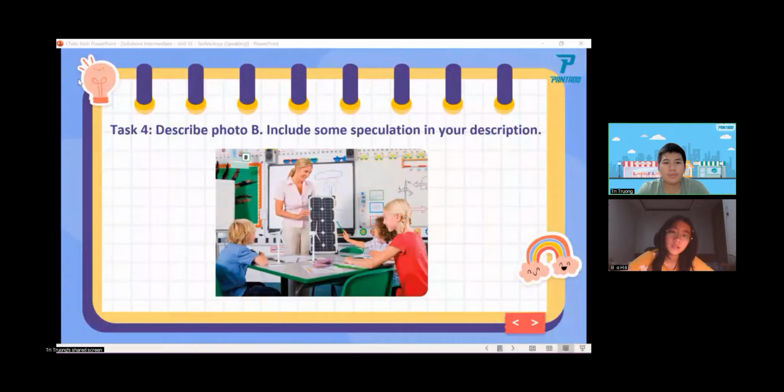I think they're in a science class. They're searching the solar panels, or they're searching for renewable energy, and they seem quite excited.